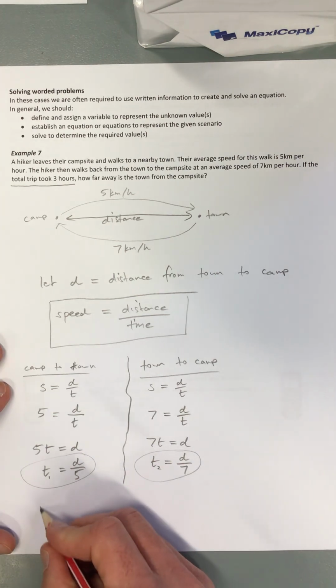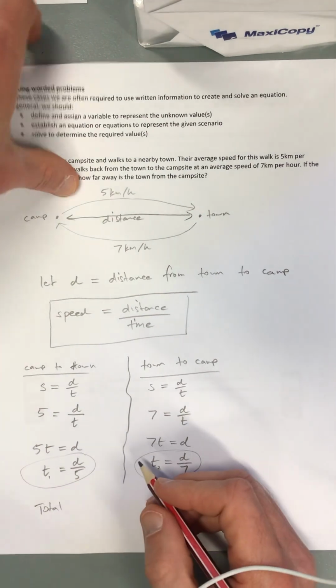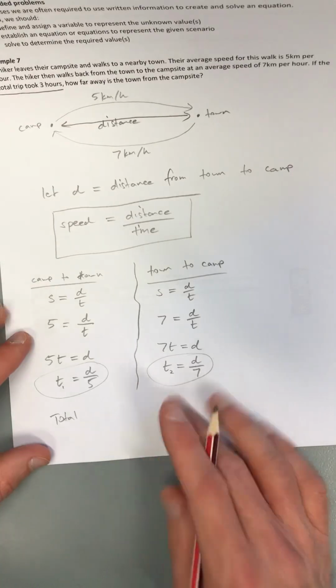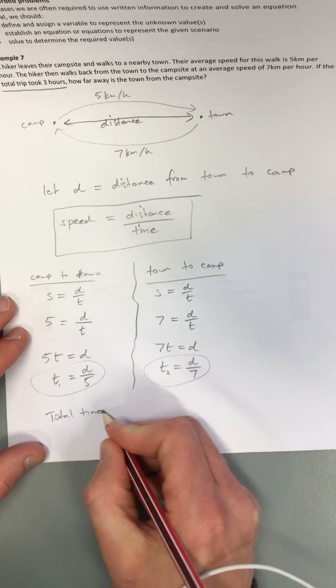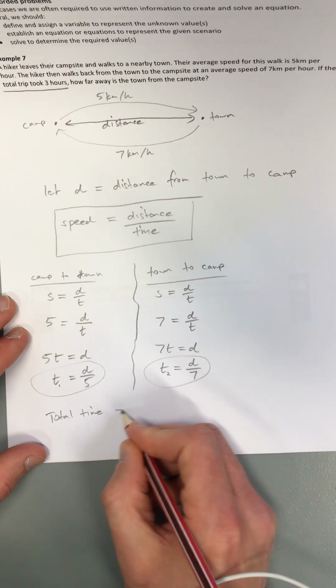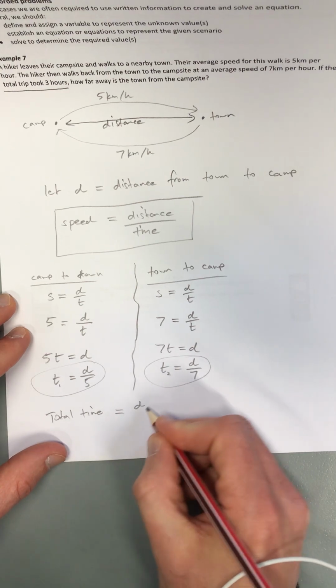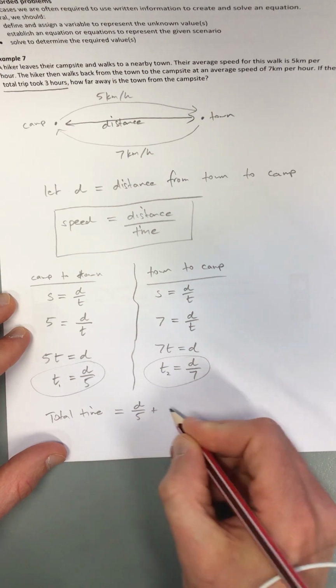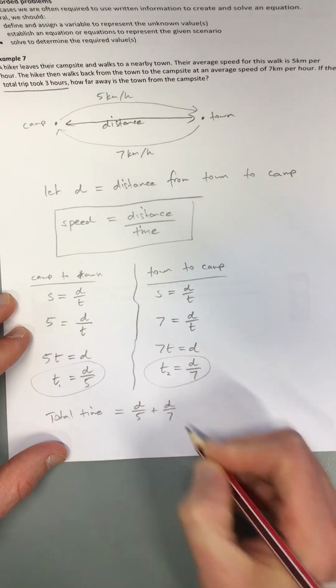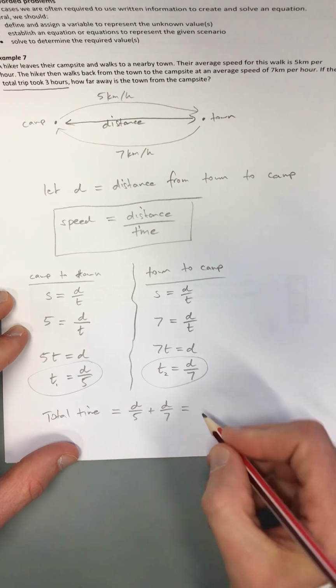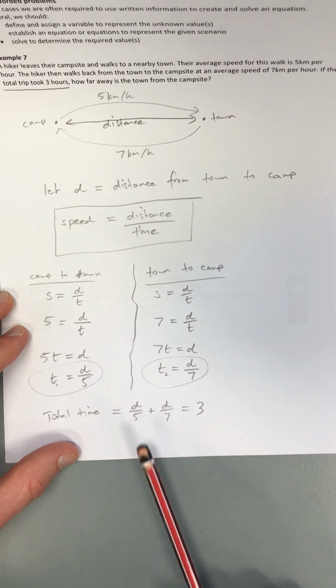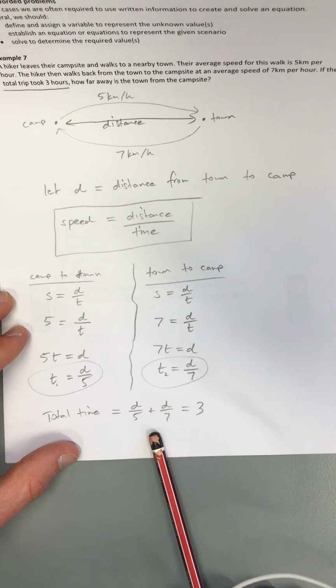So let's say something like total time, running out of space at the bottom of the page here, total time equals d on 5 plus d on 7, and that total time was 3 hours. So now we have an equation that we can solve for d.